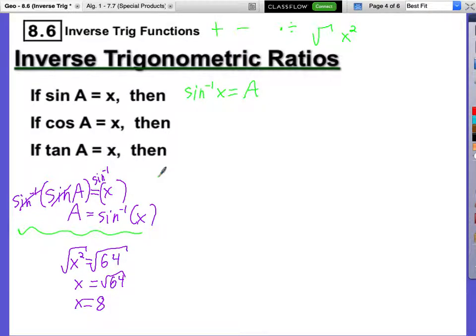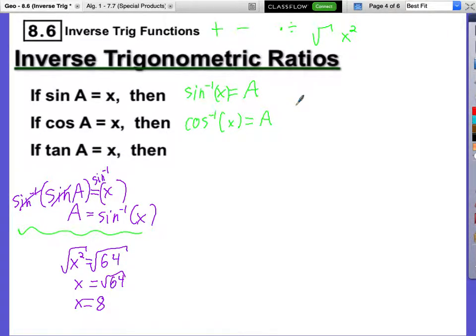So now that we have that down, similarly, the inverse of sine is inverse sine. The inverse of cosine: if cosine of angle A is equal to x, and we want just angle A by itself, we'll have the inverse cosine of x is equal to angle A. So you take the inverse cosine of whatever that number would be, which x is holding the place of, and it would be equal to our angle.